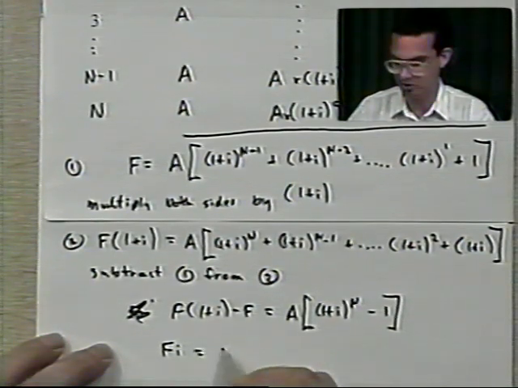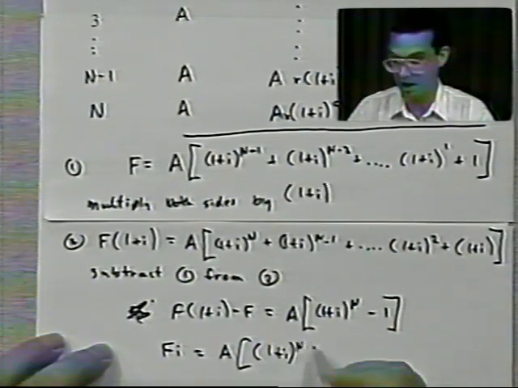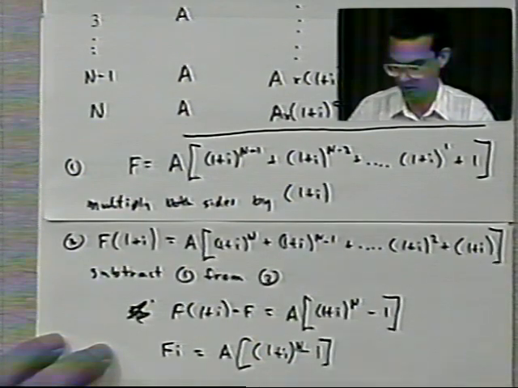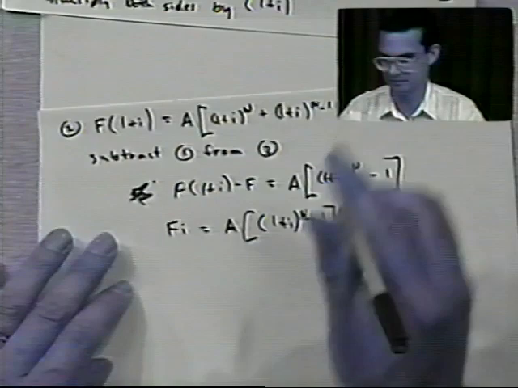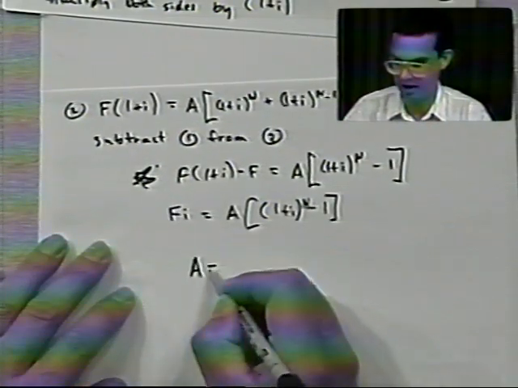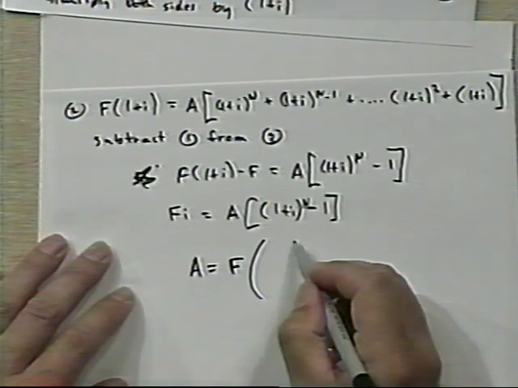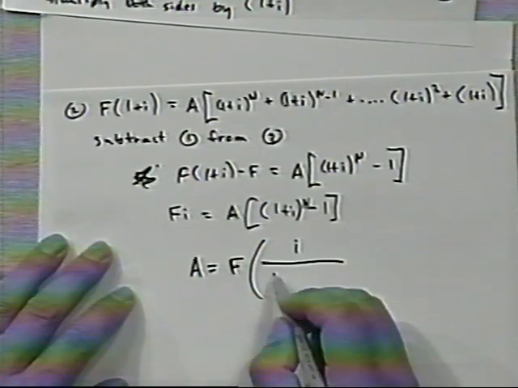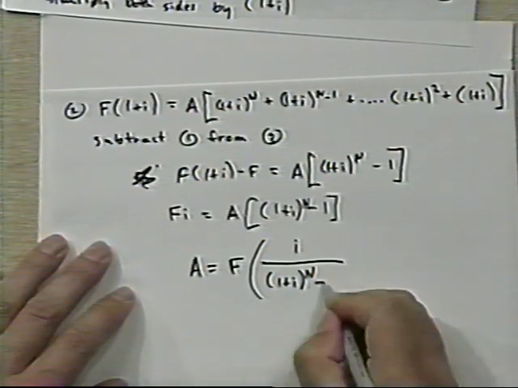And that's equal to a times ((1 plus i) to the n minus 1), so that a is equal to f times i over ((1 plus i) to the n minus 1).